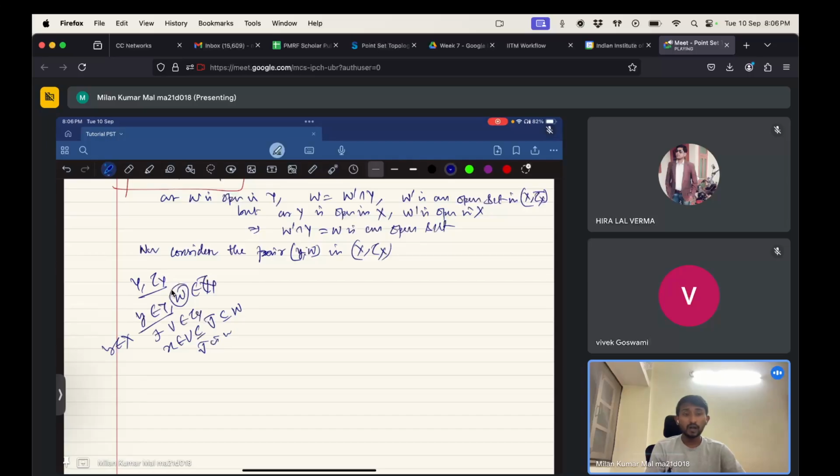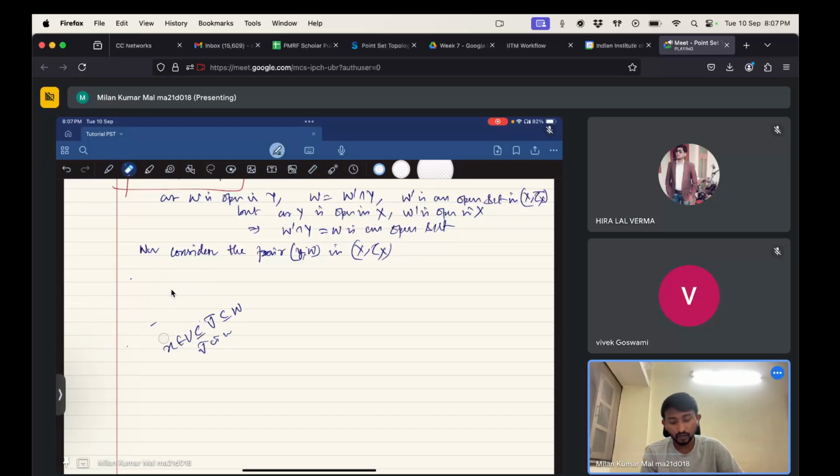So now I will use the fact that X, tau X is locally compact for the pair y, W. This is the fact I will use.